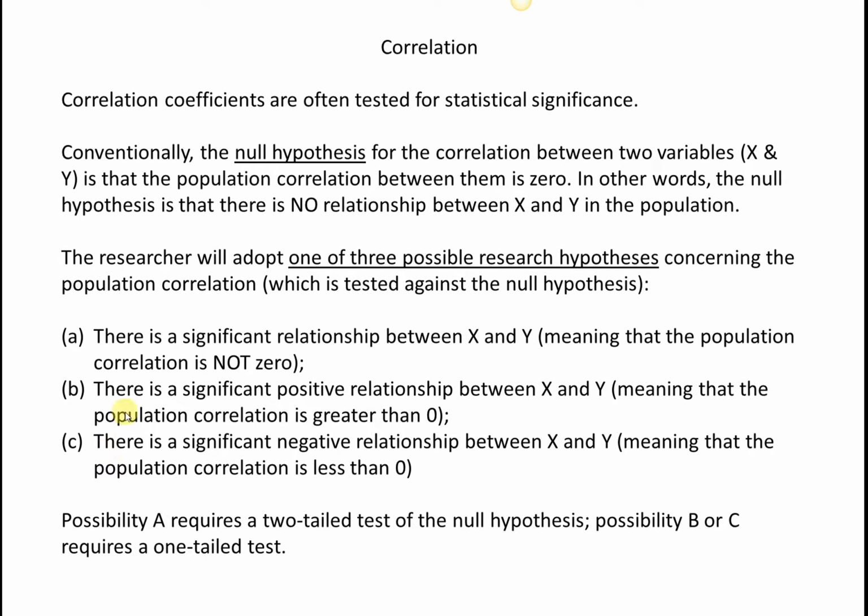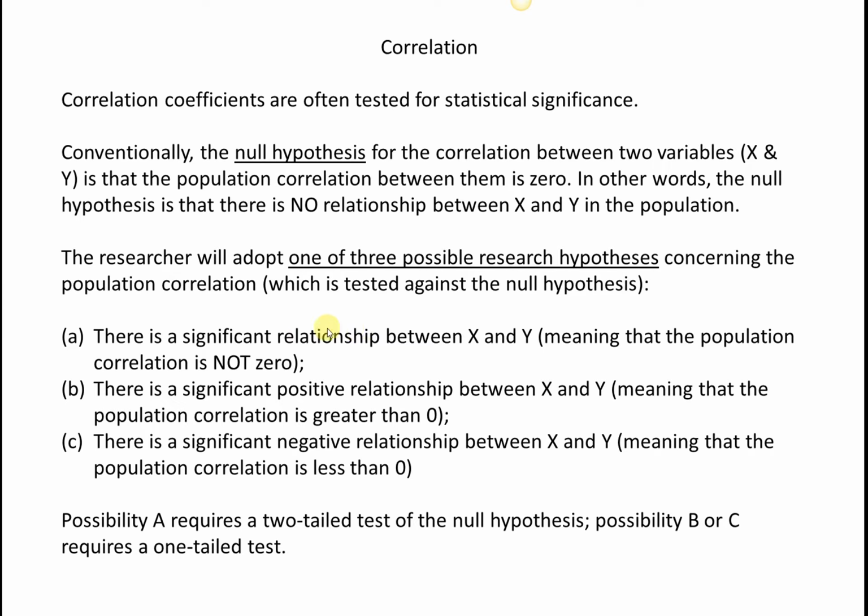In other words, you are specifying that the population correlation is either greater than 0 or less than 0. Another possibility is that there is just simply a significant relationship, meaning that the population correlation is not 0. And this is actually referred to as a non-directional hypothesis.